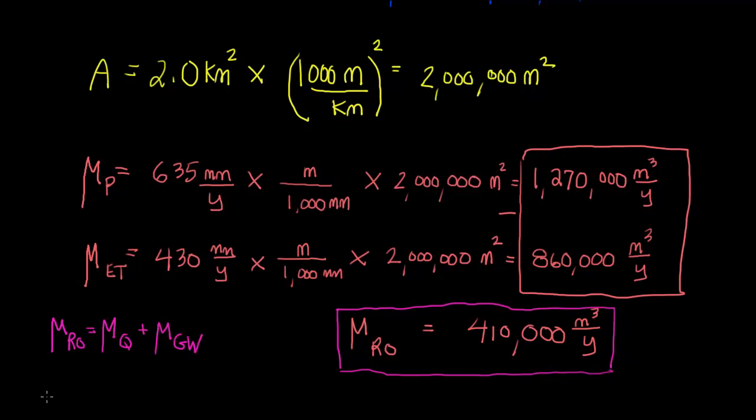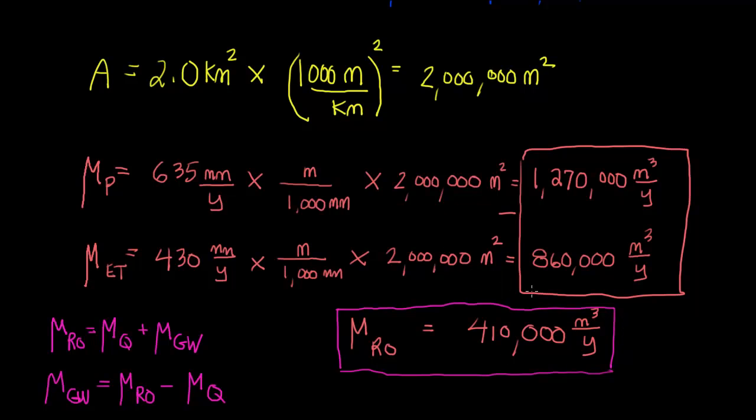I can write that the groundwater flow out, which is really our final destination, that's what we really want, is equal to that runoff number I just calculated minus the volume per time lost from the watershed due to stream flow. So this is going to require one little additional calculation because of course the stream flow wasn't given in volume per time. It was given in the sort of instantaneous unit of cubic meters per second, and I'm going to have to change that to cubic meters per year.